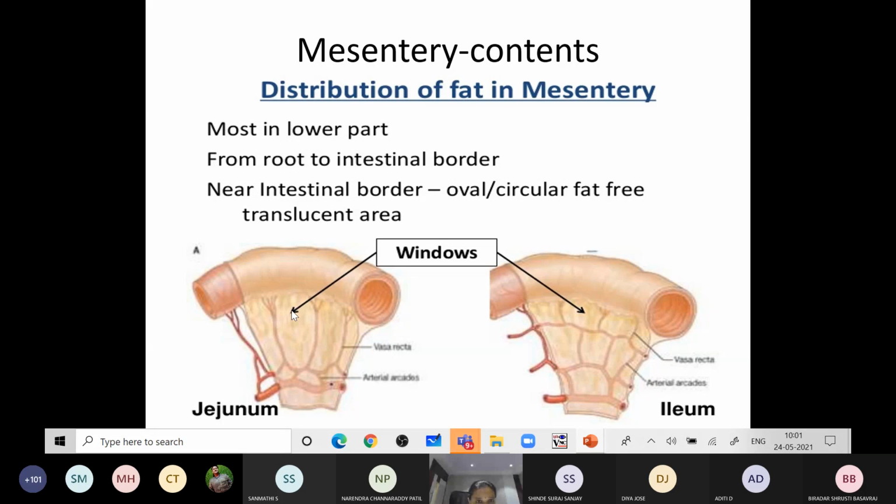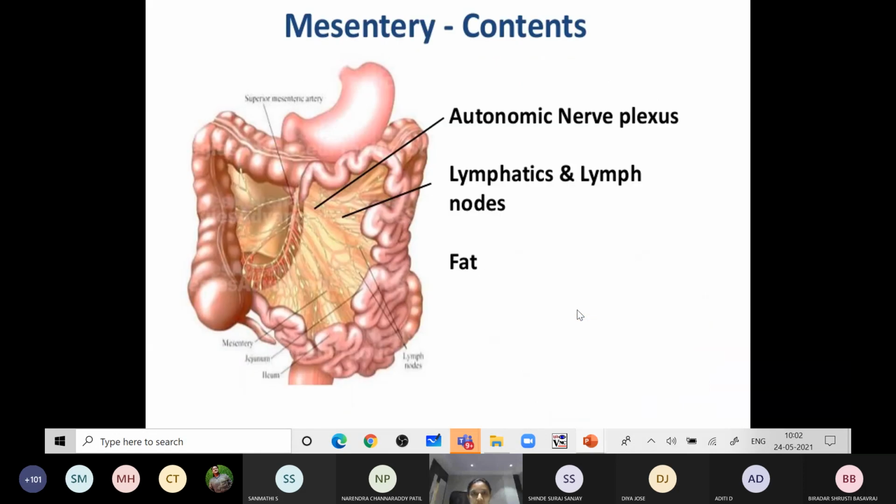The windows in the jejunum are clearly visible as fat here is less, and they are rectangular, whereas the windows in the mesentery of the ileum are square shaped, because the vasa recta are short and not visible clearly as the fat will be more. Other contents are autonomic nerves, plexus, lymphatics, and fat.